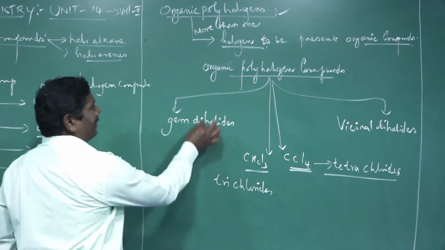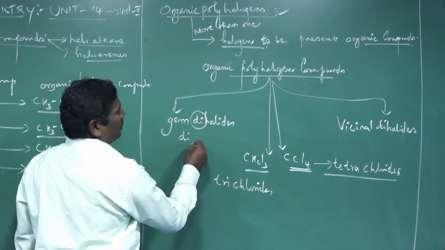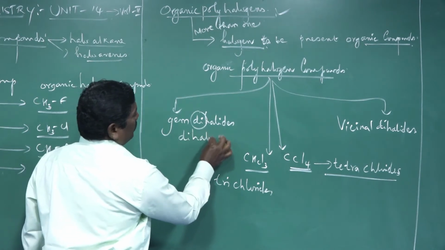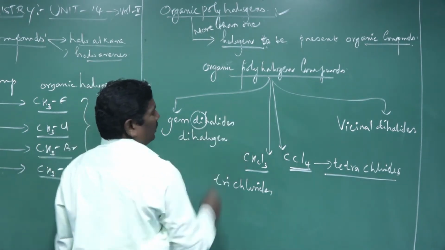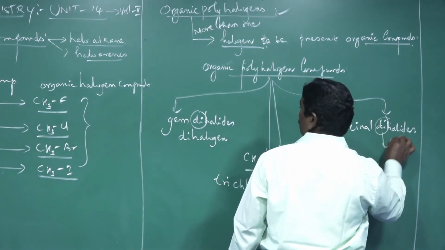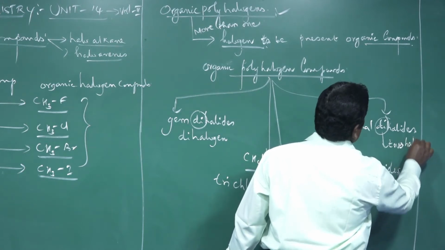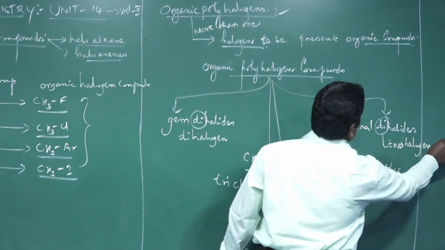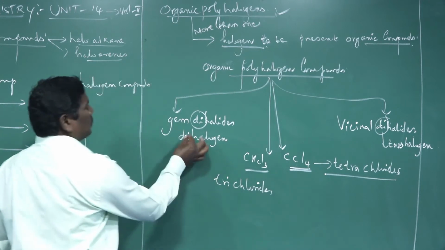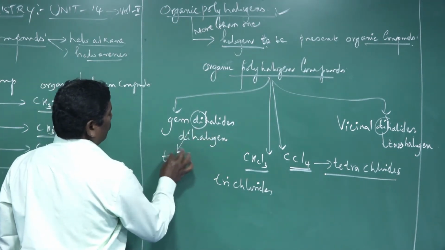Here dihalides means dihalogens are present, and vicinal dihalogens also. Di means two halogens.